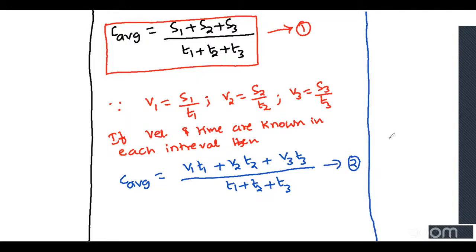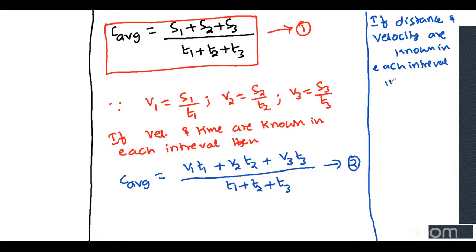Suppose distance and velocity are known in each interval. Then we replace the time.